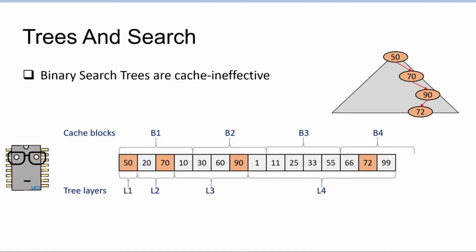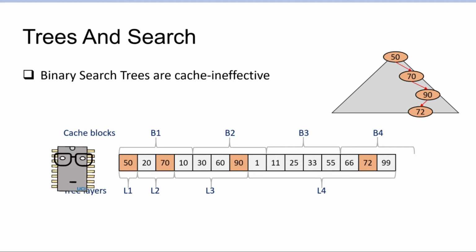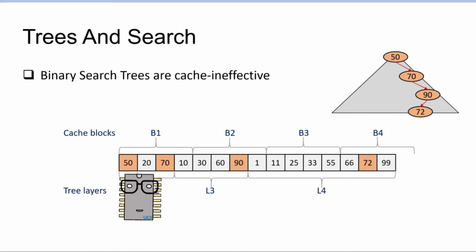The issue here is that the distance between the current node we're visiting in the tree and the next node we'll be visiting by traversing down the tree are far away from each other. We start from node 50, we go right. This one's kind of close because the root node is just one node and the layer is just 2 nodes.